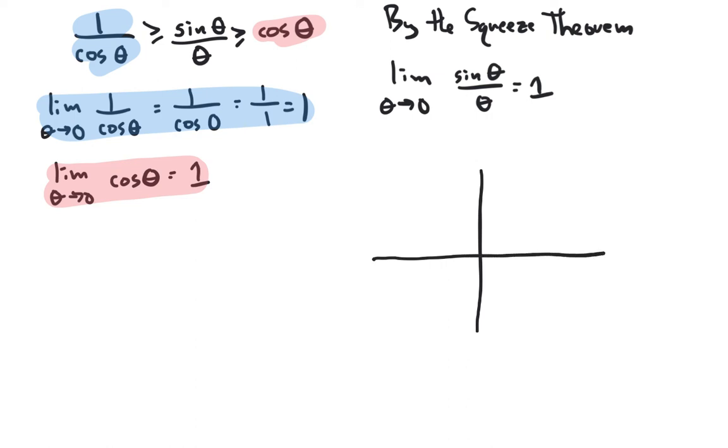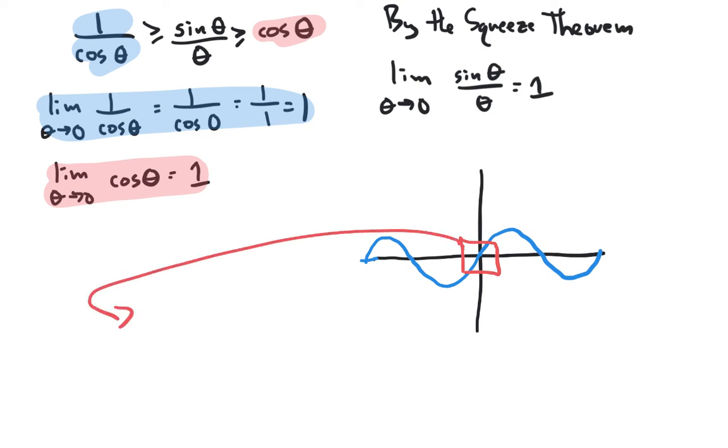I think you guys remember sine theta looks roughly like that. And if we zoom in on the origin when x equals 0, so we'll zoom in here, we get something that looks like that. So around 0, you can see that these functions look the same.